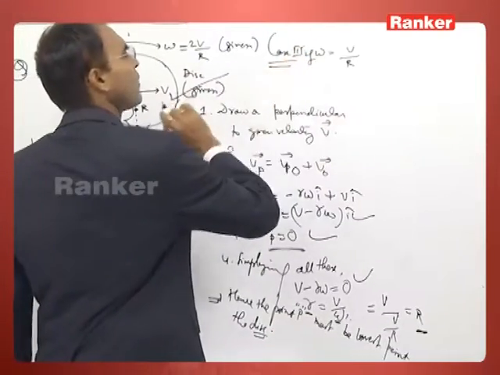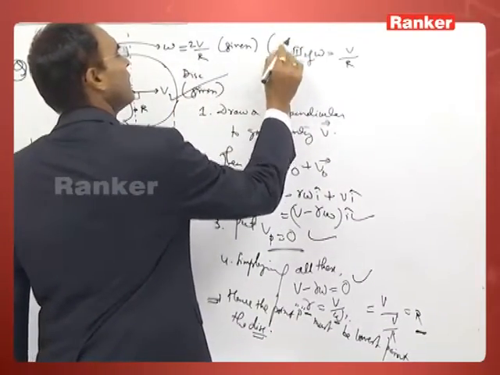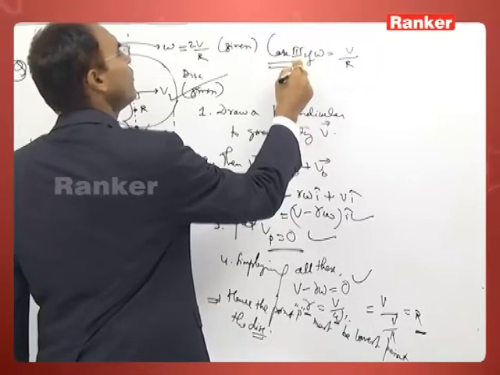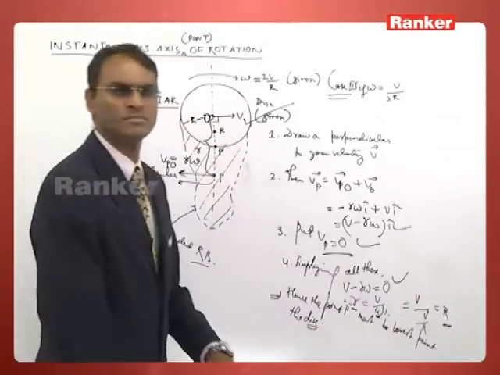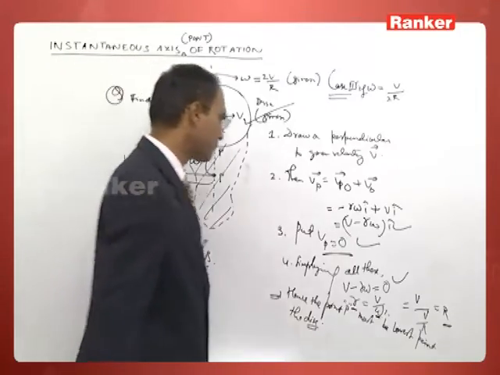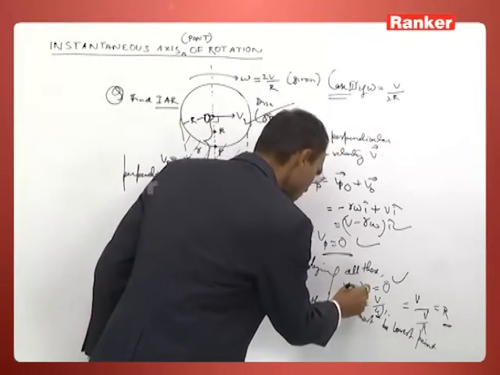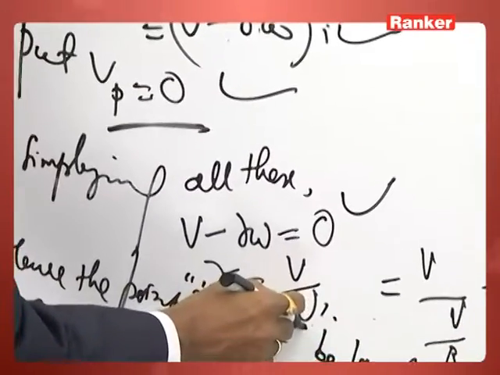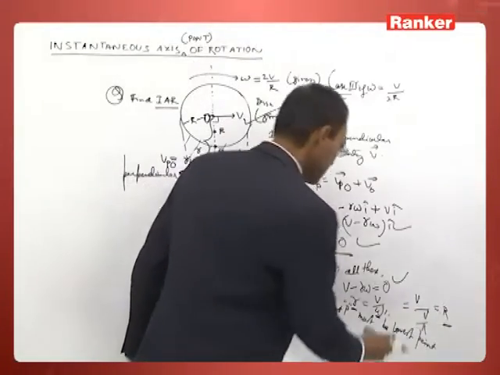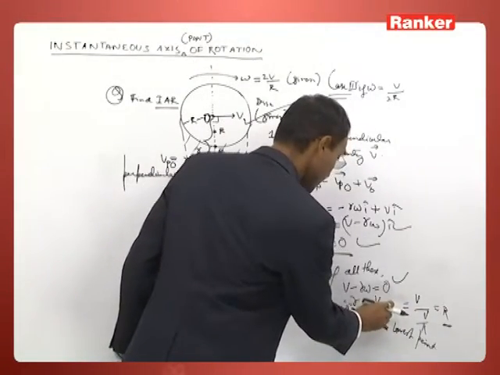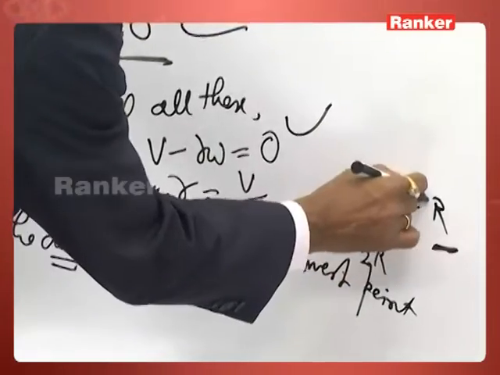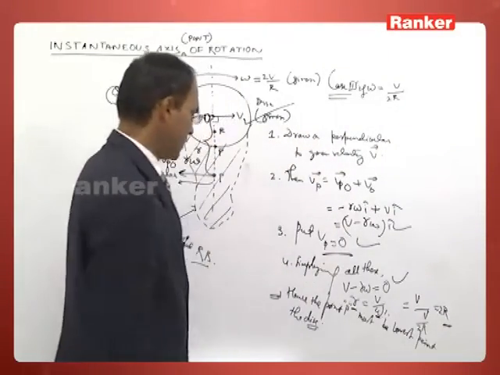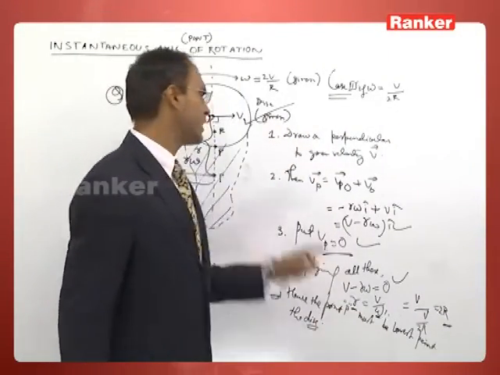Let us change the case. If the case is changed to omega is equal to V by 2r, say, you can write omega at this position of the procedure. You can write omega is equal to V by 2r to get small r is equal to twice the radius of the disk.